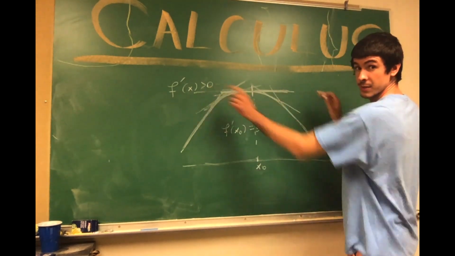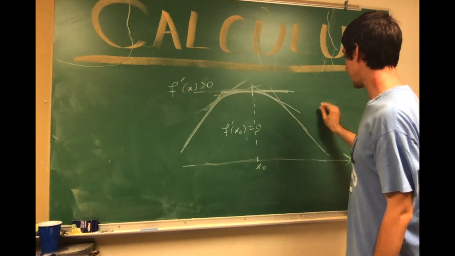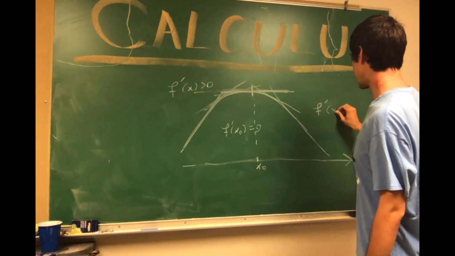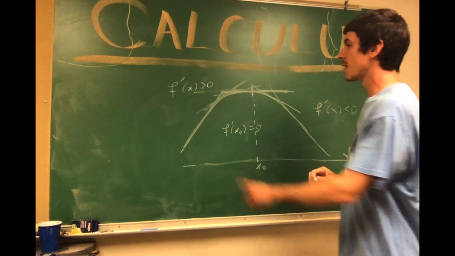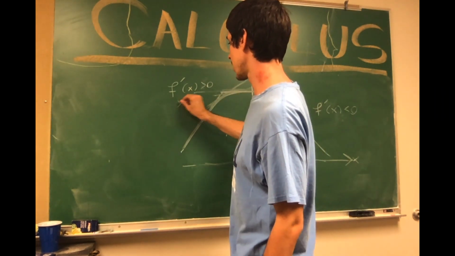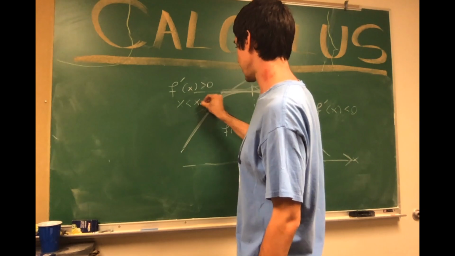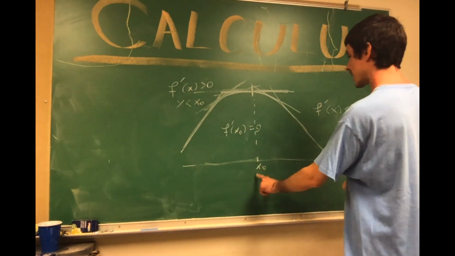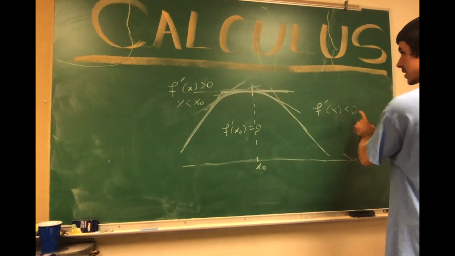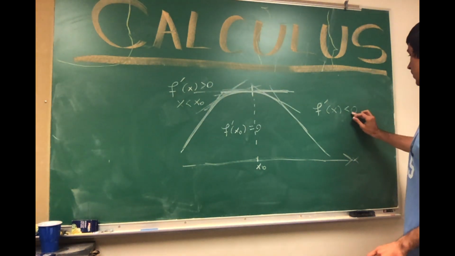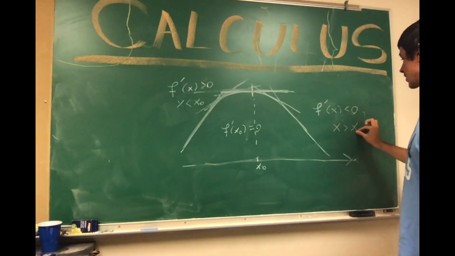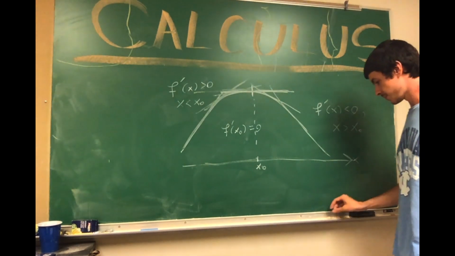It's a horizontal tangent. And then over here, on the right side, f prime of x is less than 0. So f prime of x is greater than 0 for x less than x0, f prime of x0 equals 0, and f prime of x is less than 0 for x to the right of x0, or x greater than x0.